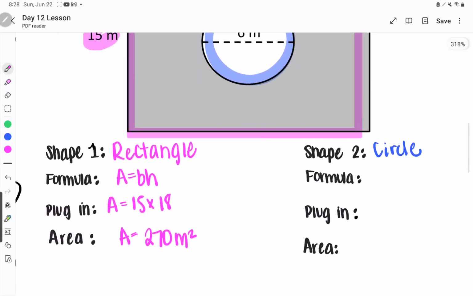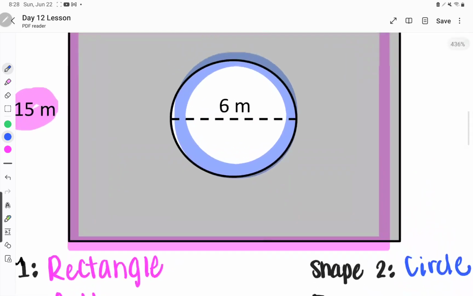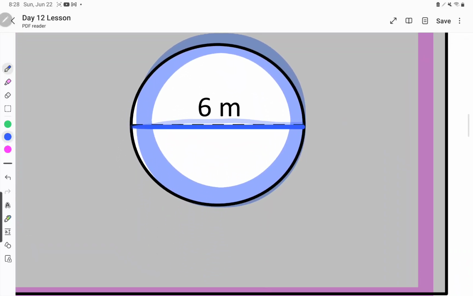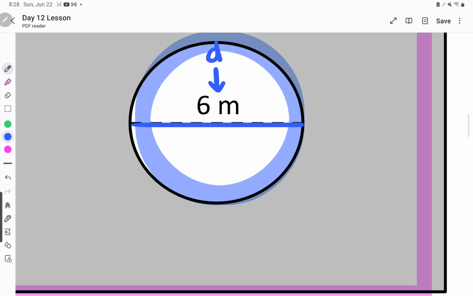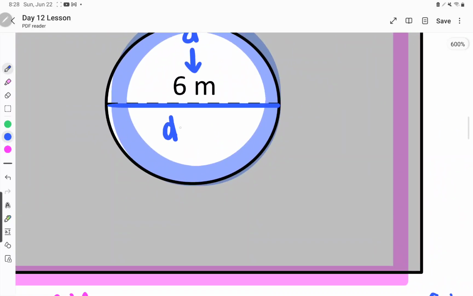Then I take a look at my circle. Remember, my circle has an area formula of area equals pi times radius squared. But instead of saying radius squared, I would say pi times radius times radius. Taking a look at your circle right here, this 6 goes all the way across our circle. So does that make this a radius or a diameter? 6 is a diameter. But remember, I can't use diameter. I have to have a radius. So how do I go from a diameter to a radius?